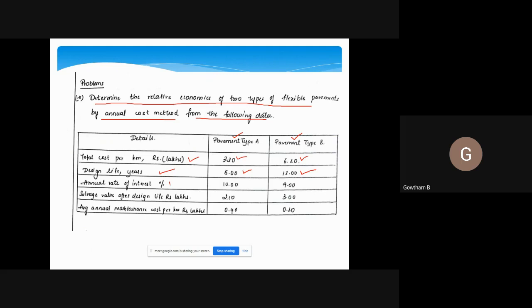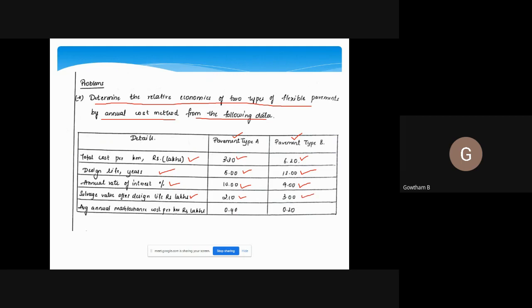Annual rate of interest, that means the interest you have to pay yearly, is 10% for pavement type A and 9% for pavement type B. The salvage value of the materials used in type A pavement is 2.1 lakh. Pavement type B materials will have a salvage value of 3 lakh, as given in the problem.